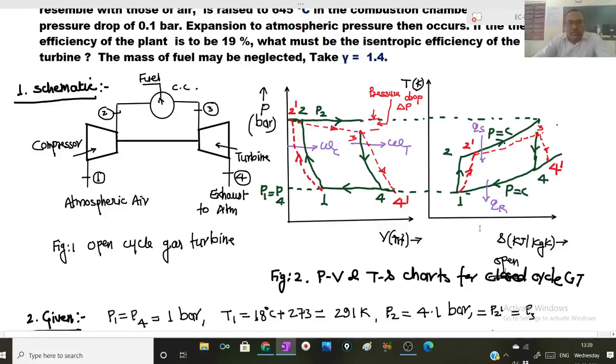On the PV diagram and TS diagram, the cycle represented by the green continuous line represents the ideal cycle 1, 2, 3, 4, whereas the curve shown by the dotted red line represents the actual process. So process 1 to 2 is isentropic compression, whereas 1 to 2 dash represents actual compression.